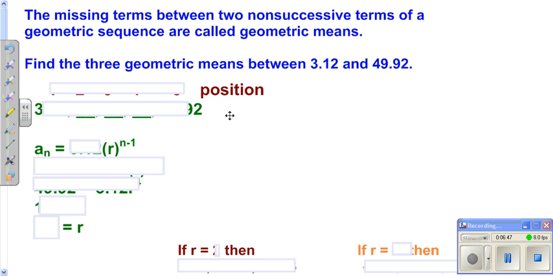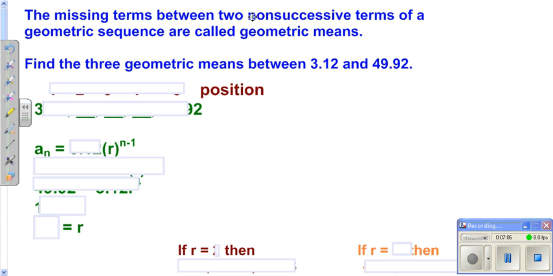Well, we had arithmetic means before, and those were numbers that basically formed an arithmetic sequence in between any two given numbers. Same type of thing here with geometric, except it forms a geometric sequence.